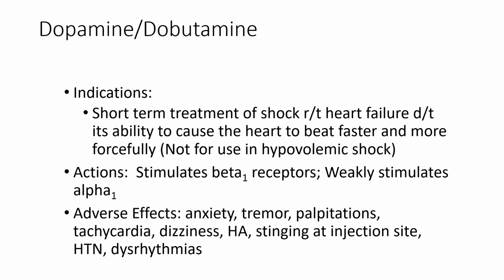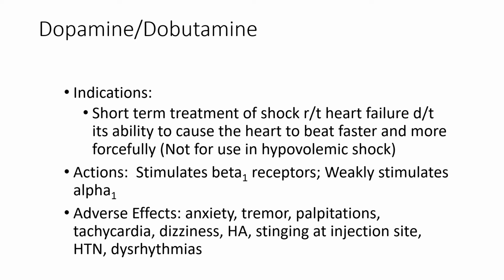It also stimulates alpha 1 a bit as well, so you'll raise the blood pressure because you're vasoconstricting. It's used for short-term treatment of shock related to heart failure due to its ability to cause the heart to beat faster and more forcefully. Because it's stimulating the beta 1 receptor, it's telling the heart to beat faster and harder.